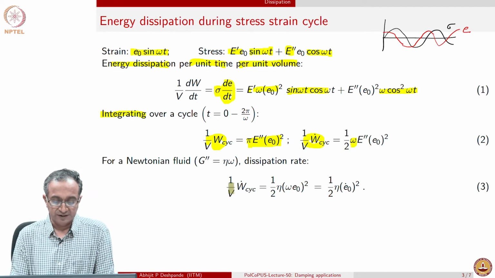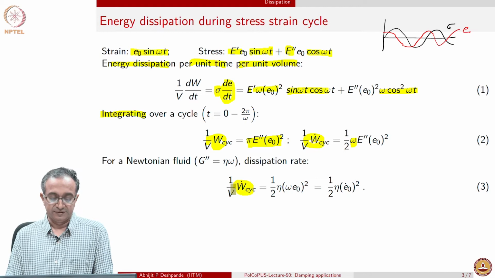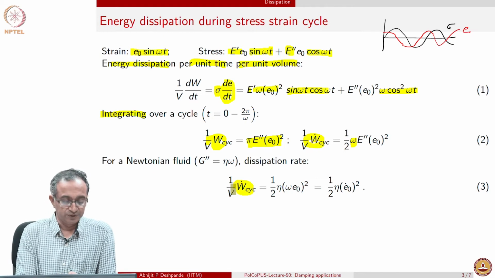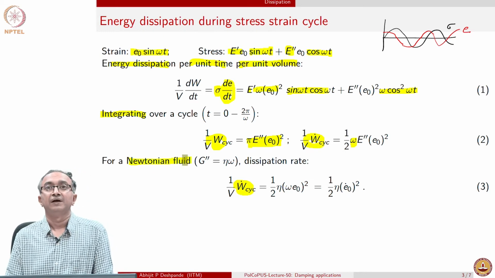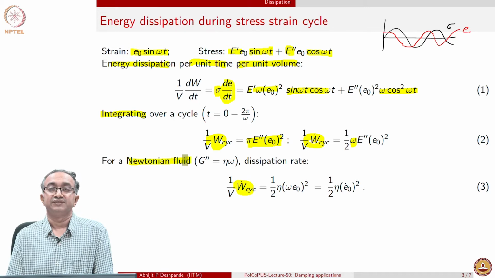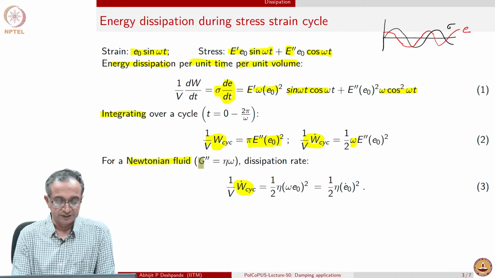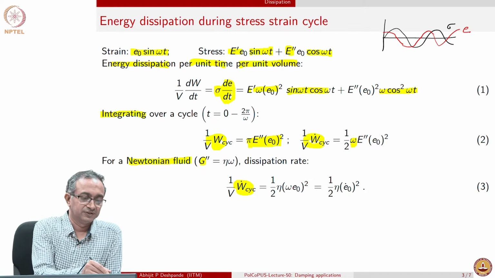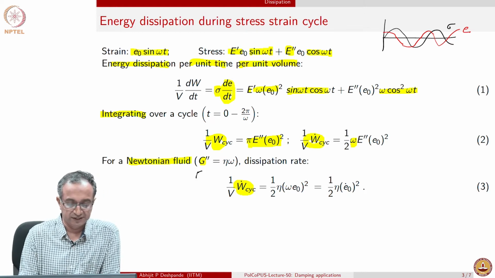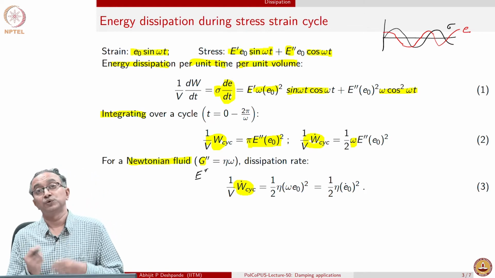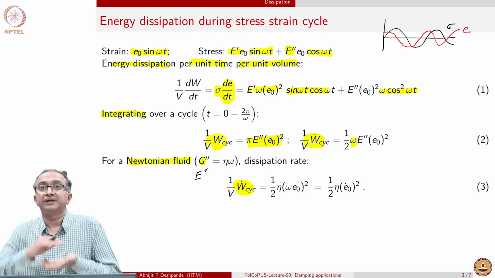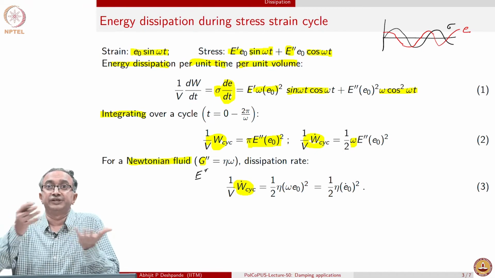And so now let's look at the overall dissipation rate for, let's say, a Newtonian fluid. And a Newtonian fluid is where G double prime or E double prime, as I have mentioned, E is usually indicated whenever we do a tensile loading, and G is whenever we do shear loading.